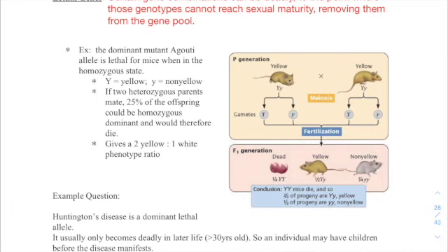But they kept crossing them, and they said, it's a little strange. We're never getting close to that. We would expect a 3/4 to 1/4 ratio, or maybe a 1 to 2 to 1 ratio, one of the other Mendelian ratios. But instead, they kept discovering a ratio of 2/3 to 1/3.